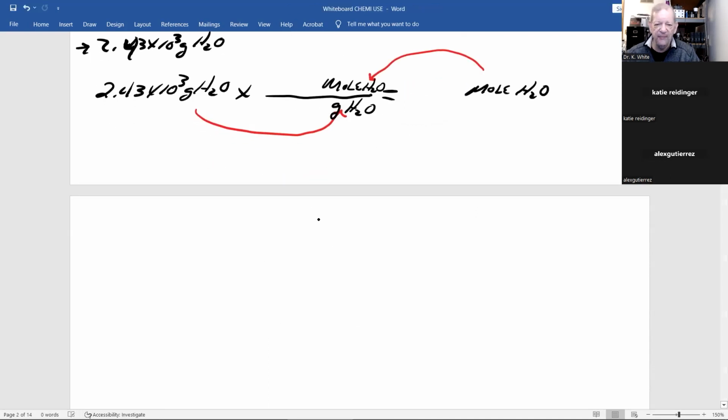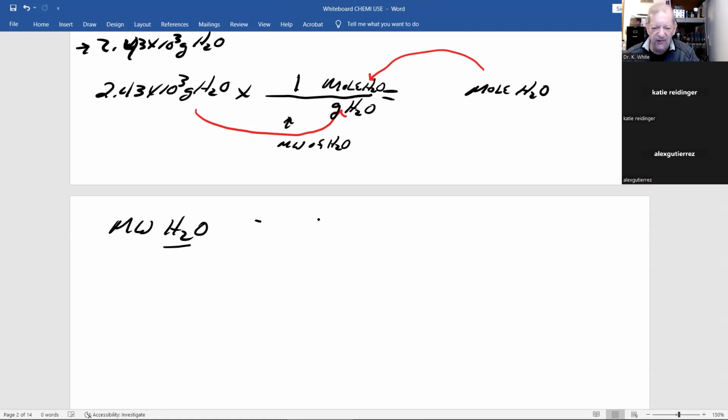So the first thing, this is 1 mole. This is the molecular weight, abbreviated MW, of water. Oh, we've got to figure that out. Now, the molecular weight of water is the sum of all atomic weights.